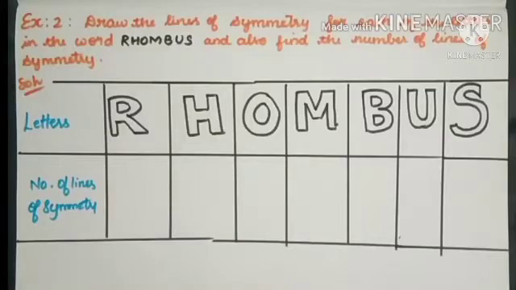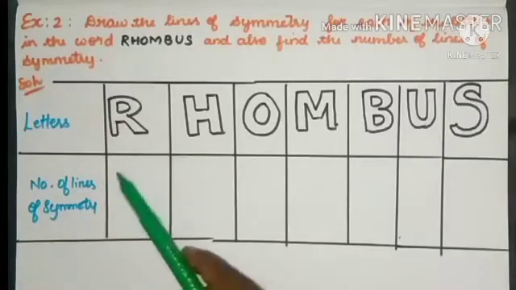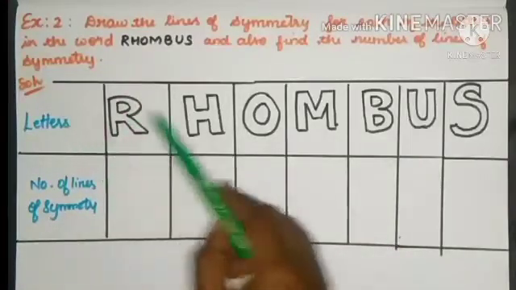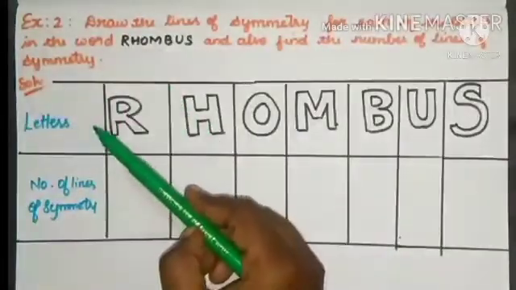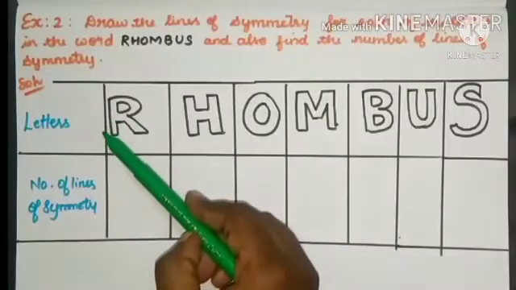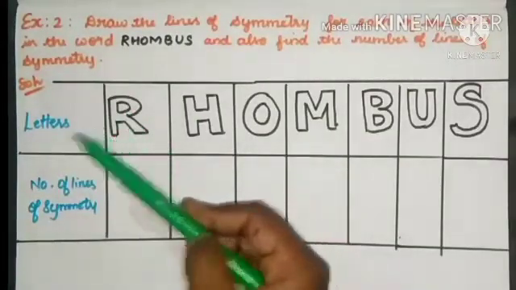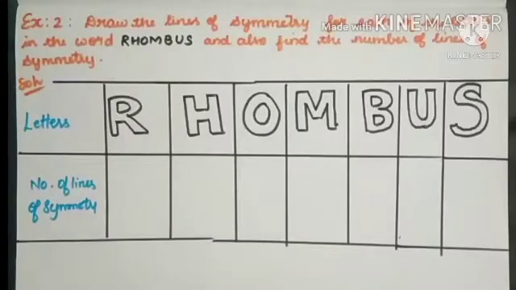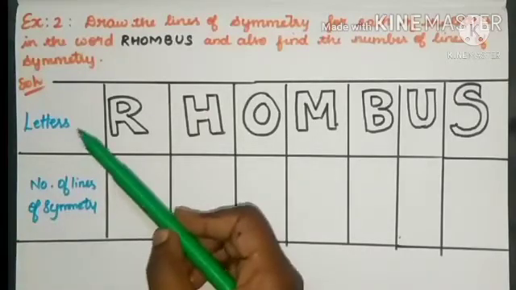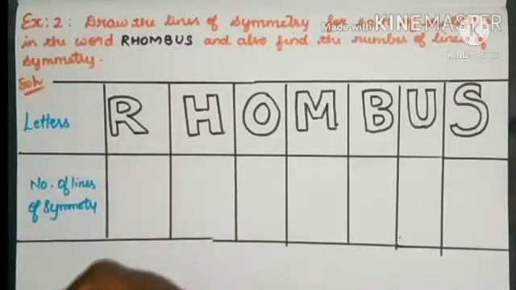In the previous problem itself we have recalled it. A line of symmetry is the line that divides any figure into two equal halves such that each half exactly coincides with the other. It divides into two equal parts, and that half exactly coincides with the other part.